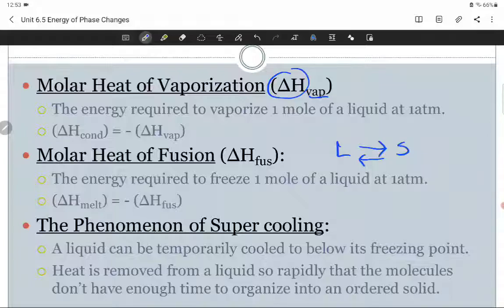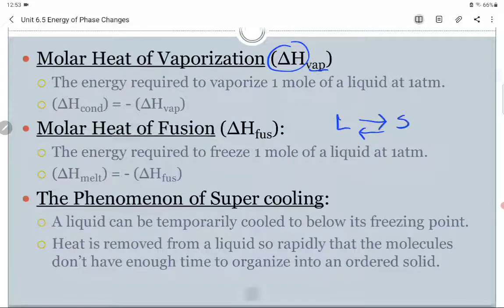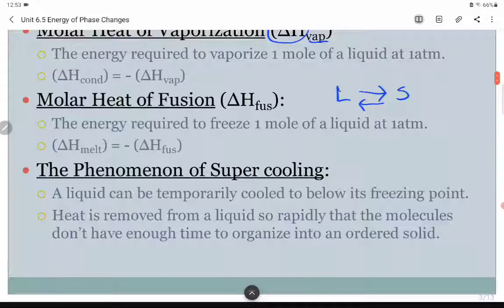This is a good opportunity to talk about supercooling. We're not going to have any test questions on supercooling, but it's an interesting idea here. So if you rapidly cool a material, it could actually get below its freezing point and still look and appear to be a liquid.